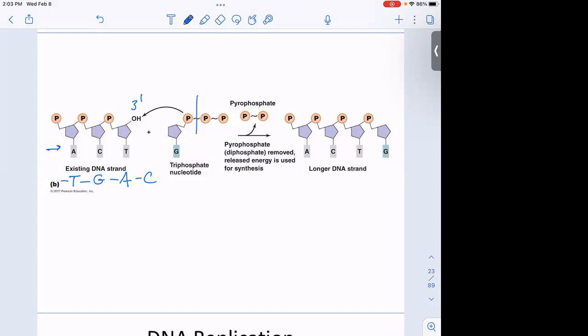The polymerization, there's enzymes that actually cleave 2 of those phosphates off. Why not 1? Why 2? Well, when you cleave 2 phosphates off, that's extra energy that makes this a really fast polymerization reaction. And now we've got that new one added on to that DNA strand to make it longer.